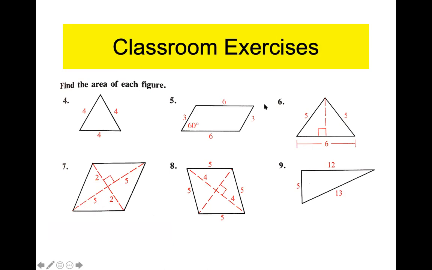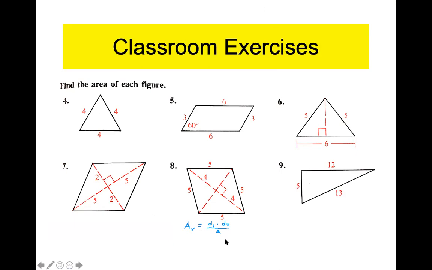What's the shape? It's a rhombus. It is a rhombus. You can tell that because look, the sides are all the same. We know that the area of, I'll put a little r for rhombus, is equal to d1 times d2 divided by 2. Do we know the 2 diagonals? We know one of the diagonals.